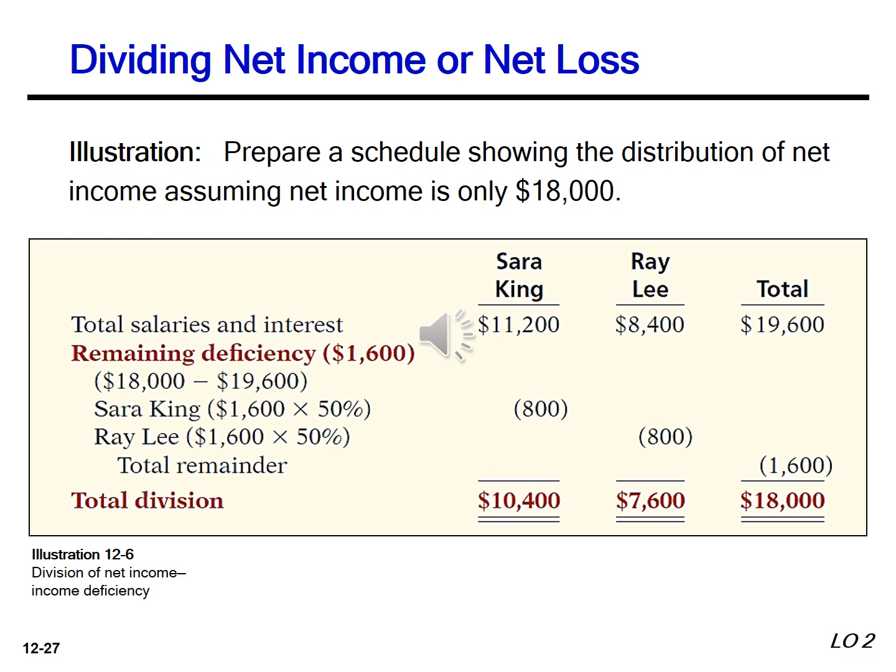So Sarah King is going to put in 1,600 multiplied by 50%, which is $800, and Rayleigh is also going to need to contribute half of that 1,600 amount. So in this case, each of them is going to need to contribute $800, which is going to be subtracted from their total salary and interest for each of them.